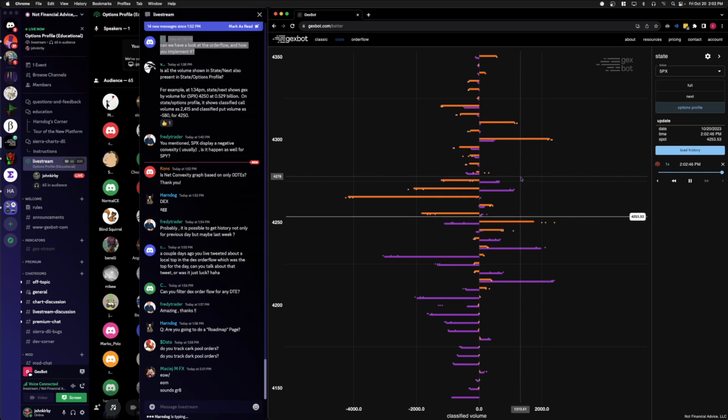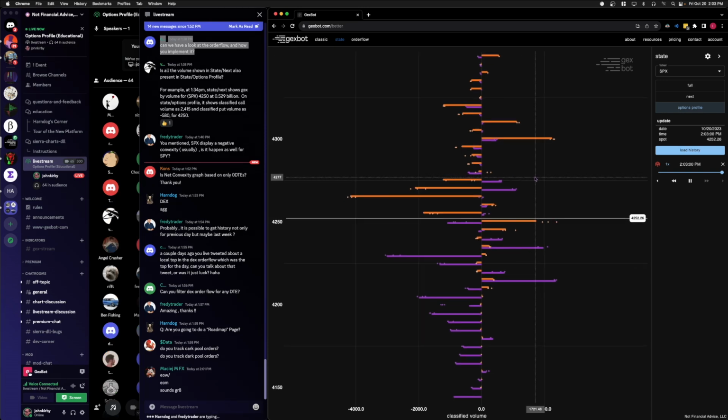In addition, we have Vanna, we have Charm, we even have Color. We have first order, second order, third order Greeks for every order that comes through, all the time. That's all already built. The question is just how do we present the data, and how do we make it as legible and actionable as possible?